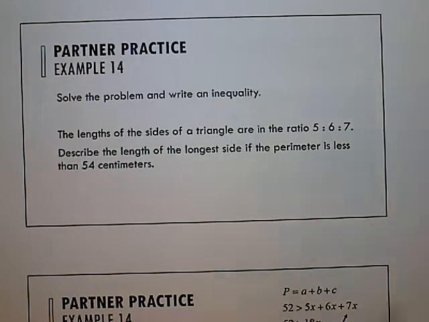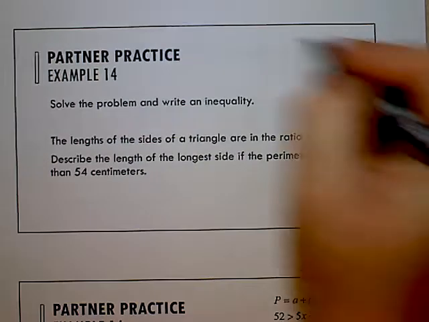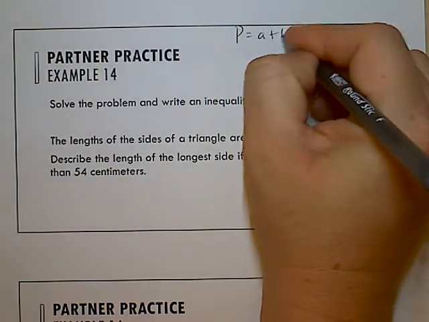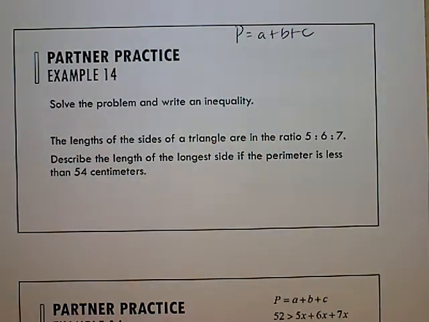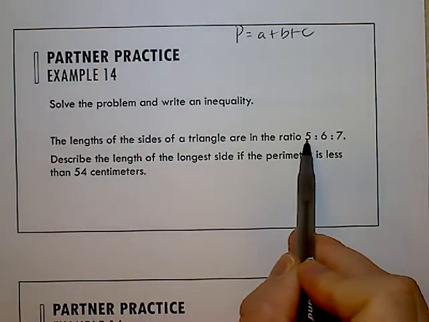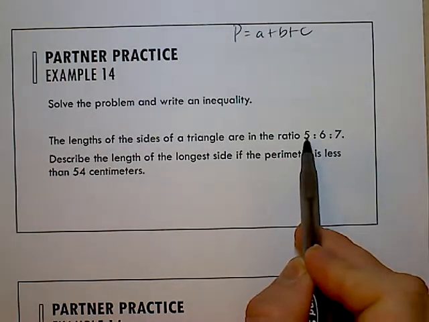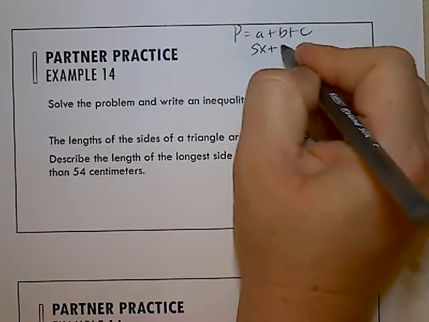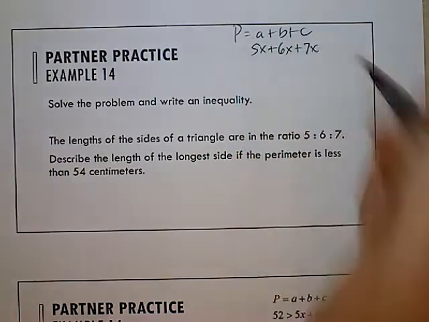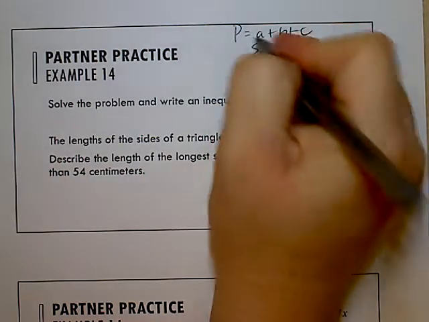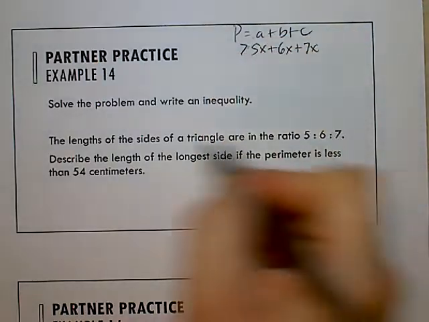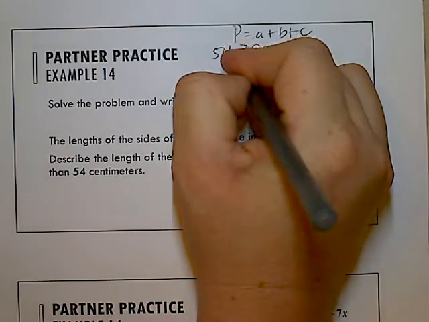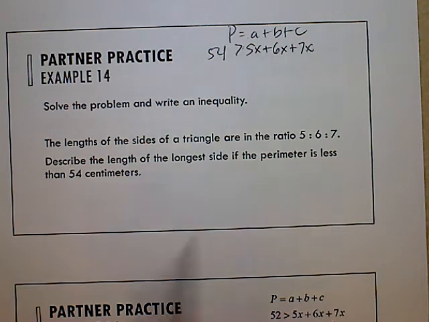Okay, so again we have some type of a triangle and we know the perimeter is adding up the 3 sides. And this gives you the ratio, so 5, 6, and 7. So 5 times some quantity, 6 times some quantity, and 7 times some quantity. And we know that amount needs to be less than 54 centimeters.